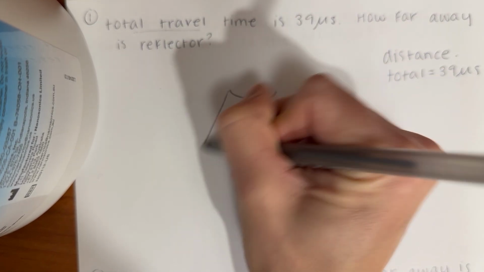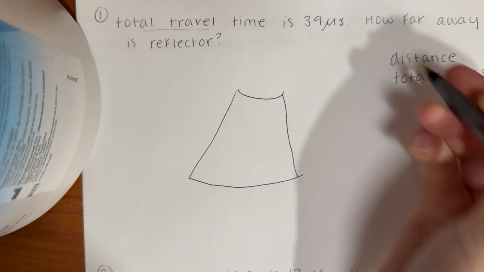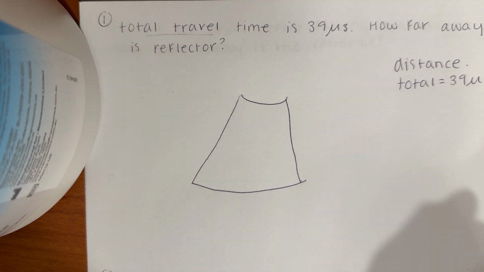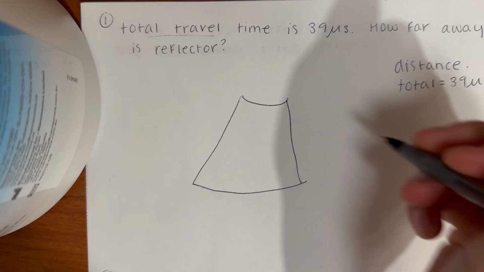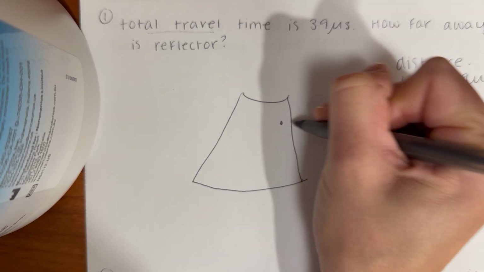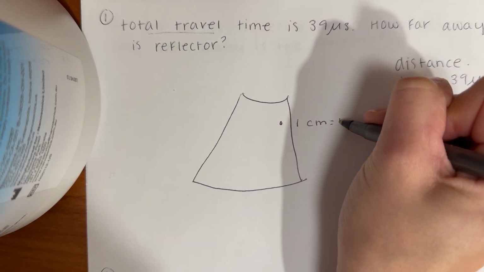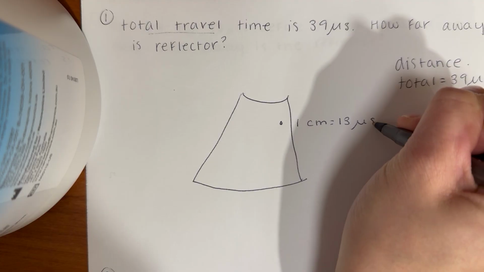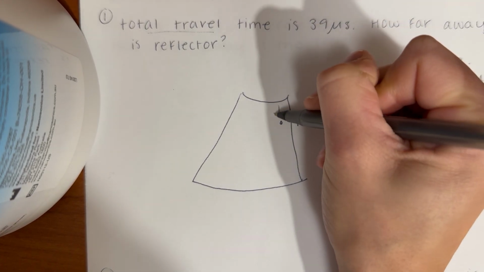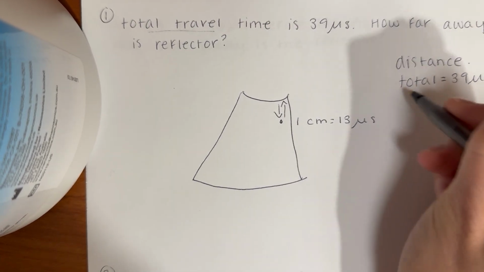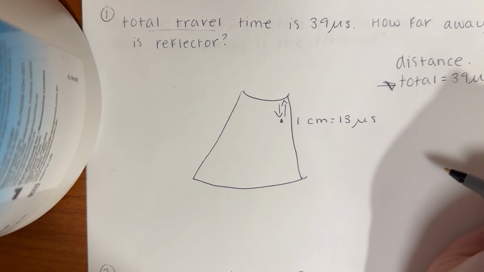So I like to picture these as like an actual ultrasound screen, okay? So your total travel time is 39 microseconds. And we know that the rule is that for every 1 centimeter, you go 13 microseconds for a round trip time, down and back. And we're looking for round trip time.